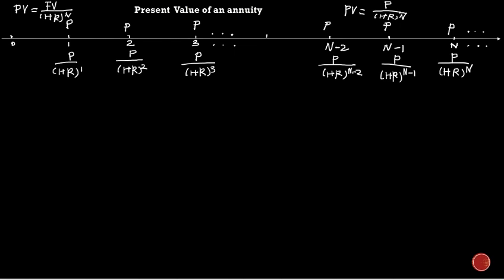The same principle applies to the last P. We have n periods, so it's P divided by 1 plus R to the nth power. So we just add that up. We got the present value of this annuity.